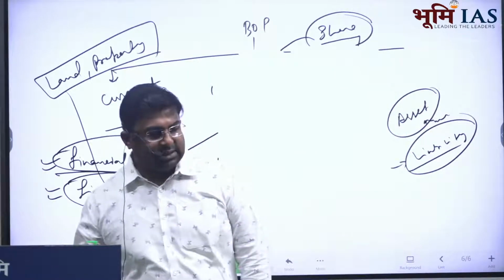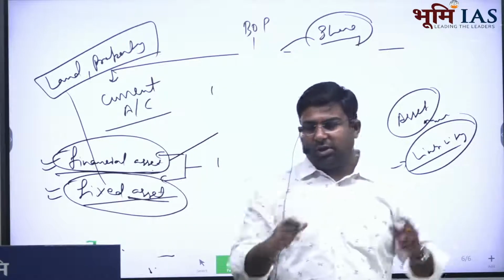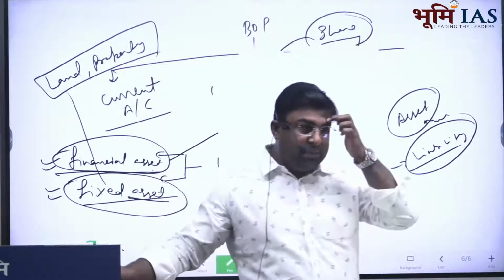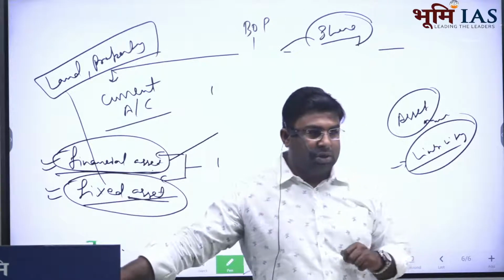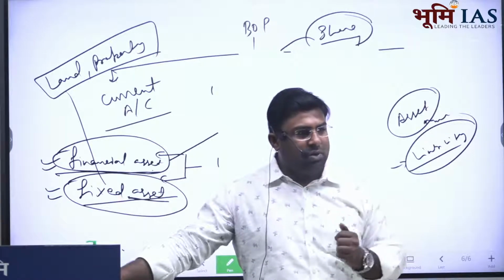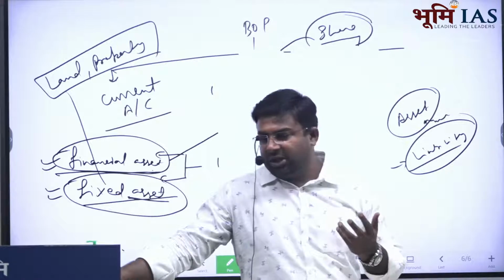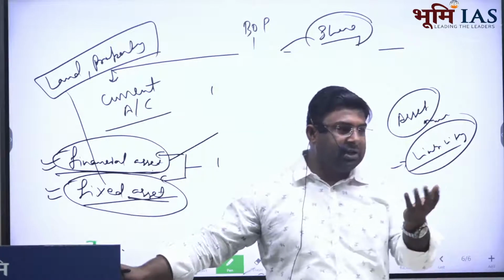Now what does this statement actually mean? Here the word liability means liability to repay an individual's amount. In which case would the liability to repay different individuals' amounts be generated over an individual?